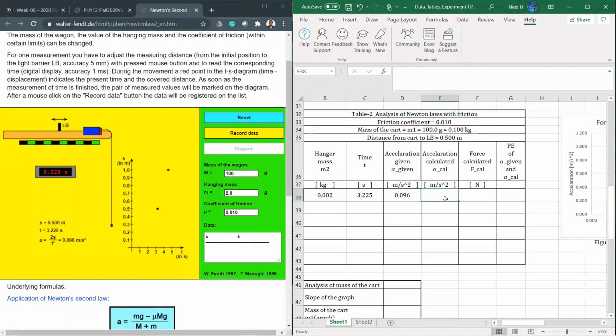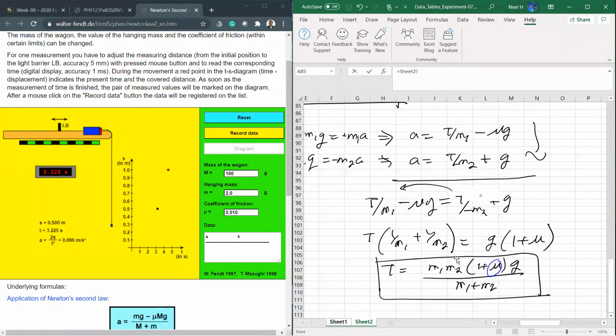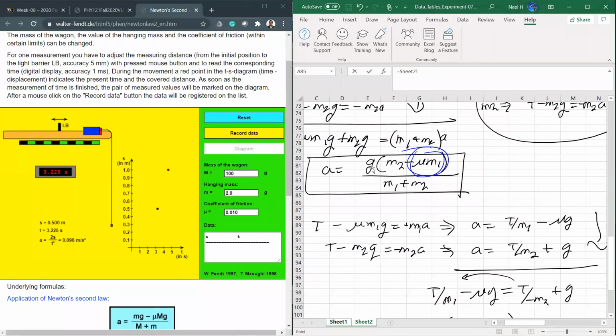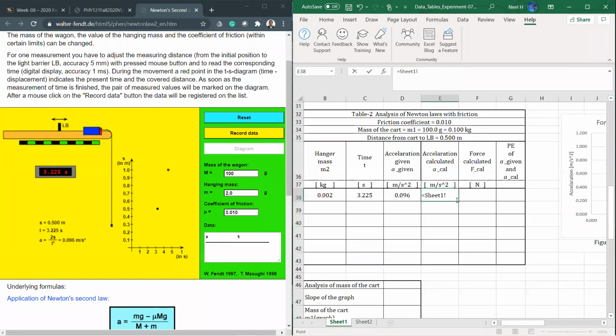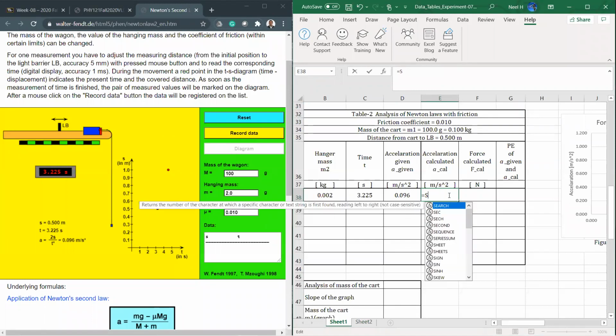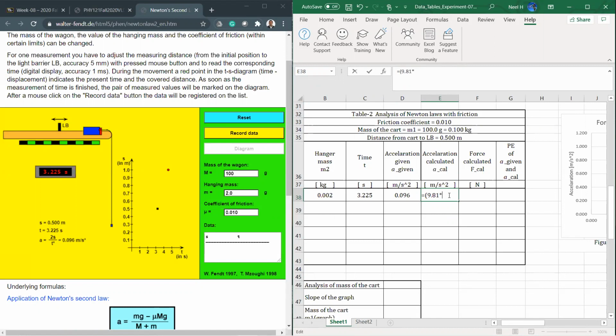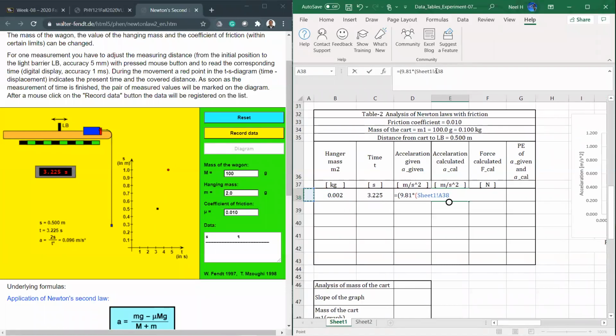Let's calculate the acceleration by using our equation, right? Acceleration equals g times m2 minus mu m1, divided by m1 plus m2. Equal sign, parentheses 9.81 multiplied by parentheses m2. Why is it giving me sheet 1? Because I clicked earlier on the other sheet.